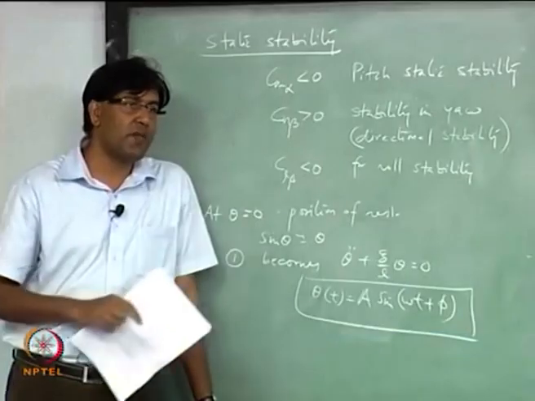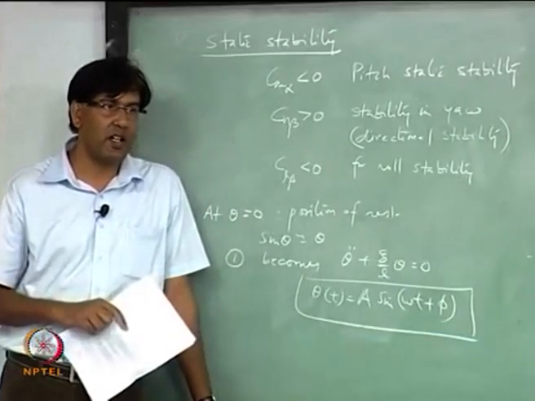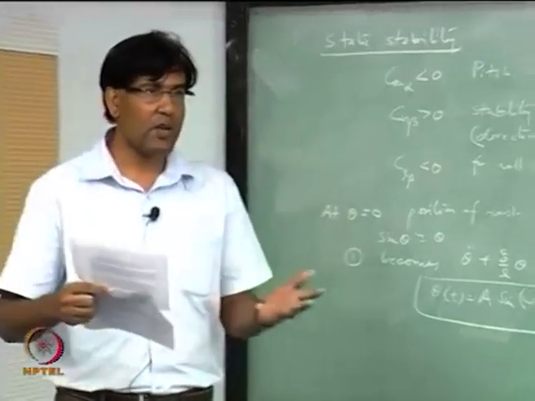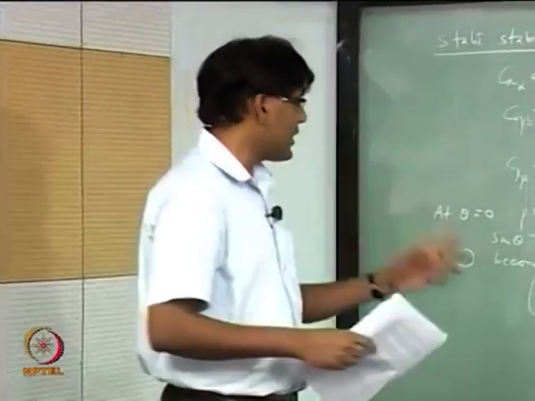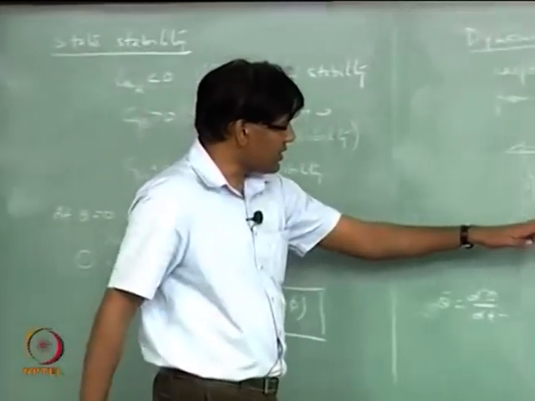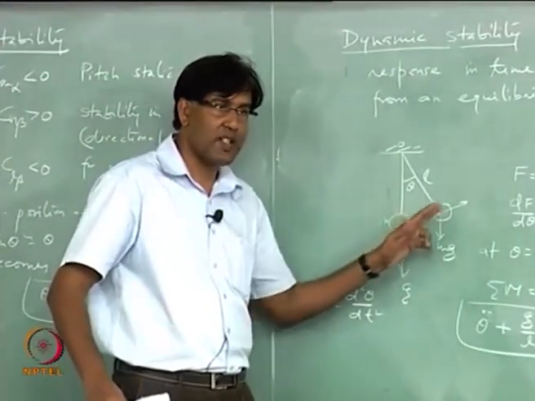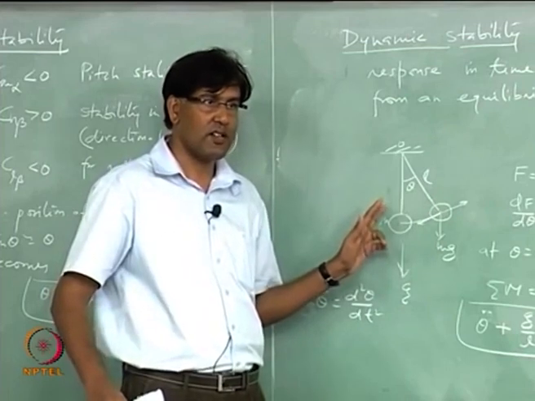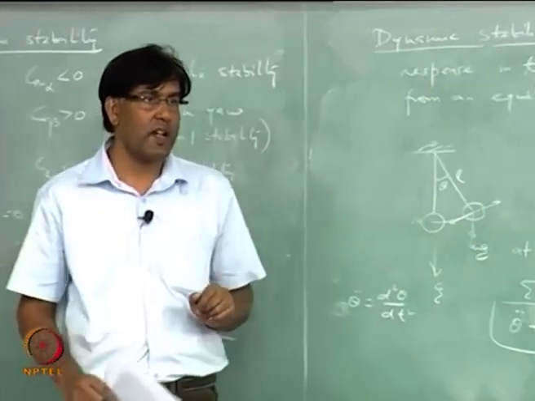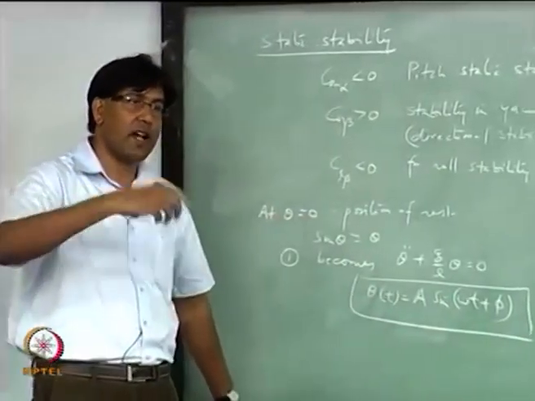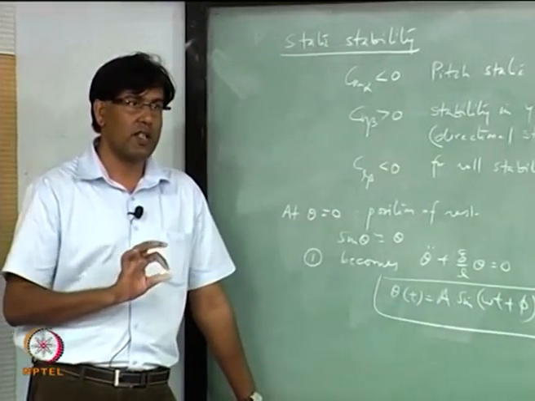So, what can we say about stability, dynamic stability? We can say nothing, right, about the dynamic stability. Static stability, yes, because at least it's passing through this 0, right. So, static stability does not really indicate the dynamic stability. Is that clear?